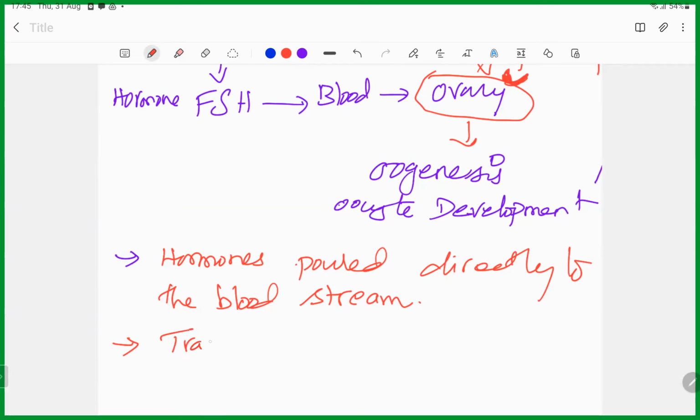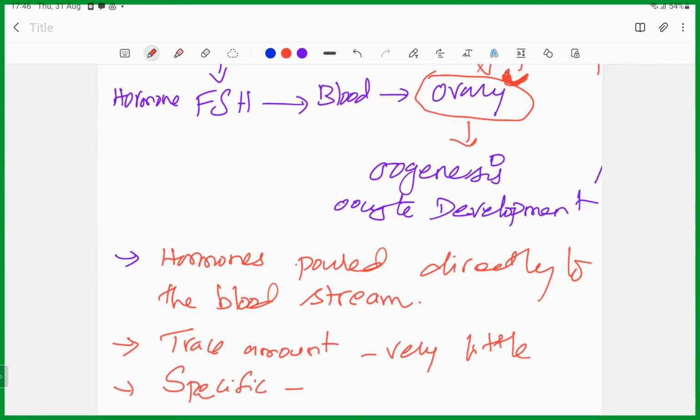Trace amount only. What is called trace amount? Very little. They are required in very little concentration only. Okay, that's the next important feature. And then specific in function. They have good specificity. Specific means they will do their own task only. Whatever task is assigned to it, only that it will do, and correctly.